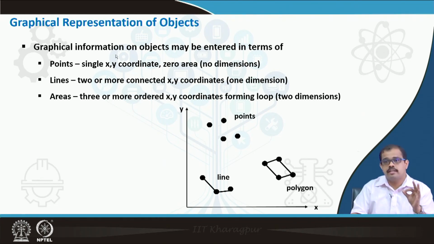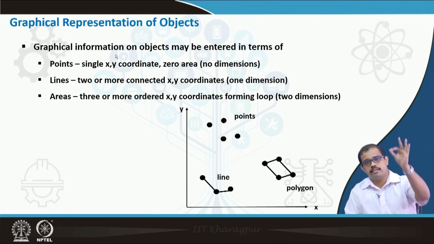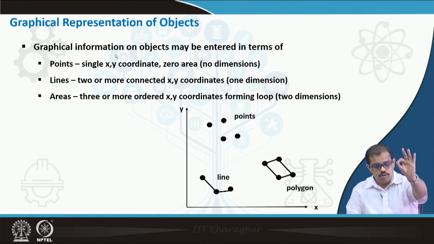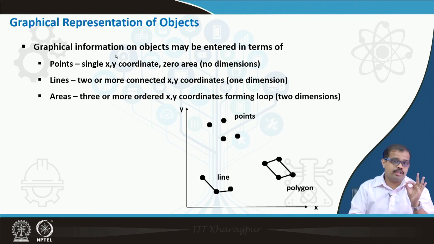For example, when you are going from one place to another, the first thing is you put a point in your Google Maps on your mobile, and that point is representing your place of stay. That is a point. Then you give the point of destination. That is nothing but a line. Two or more connected xy coordinates, connected points, become a line. It is always one dimensional, it gives you the route.